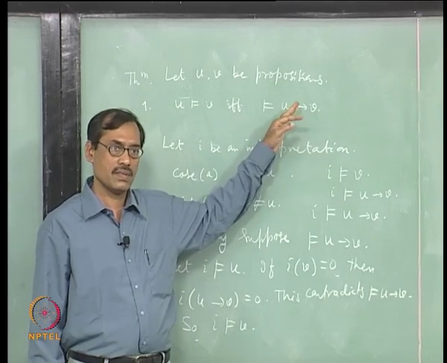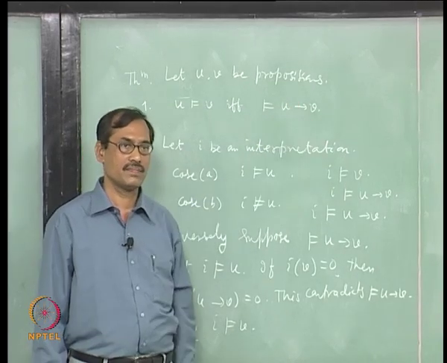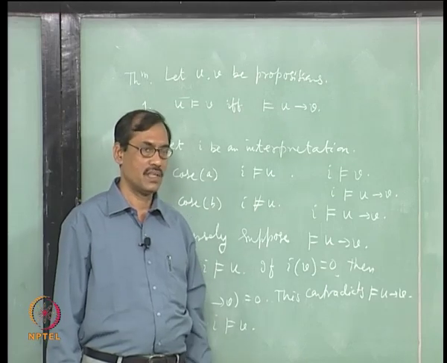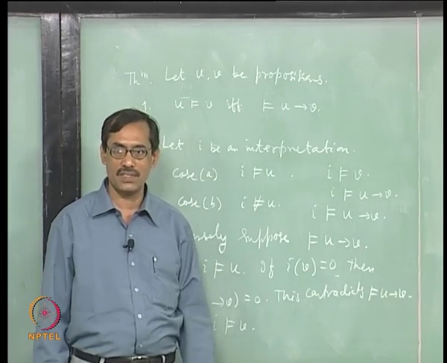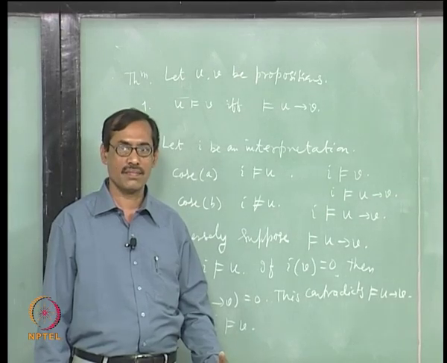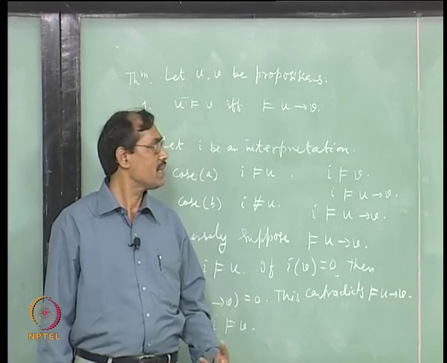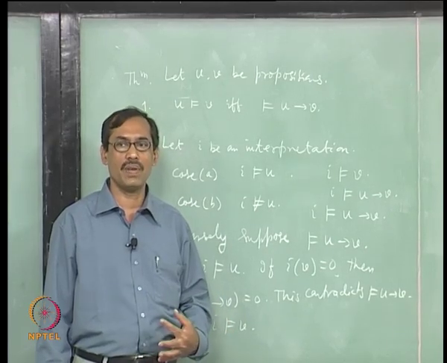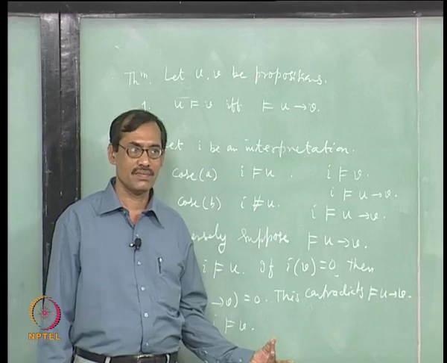equivalence with validity, right, because U is equivalent to V means U if and only if V is valid, right, and U if and only if V can be broken down into two parts, U implies V and V implies U, right.